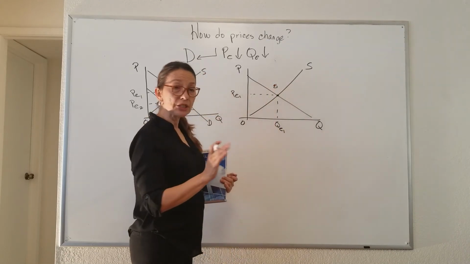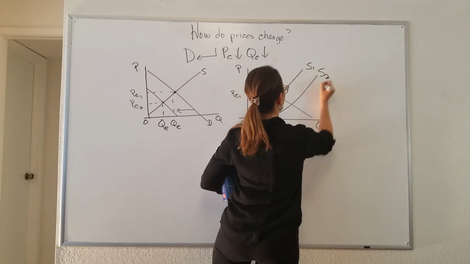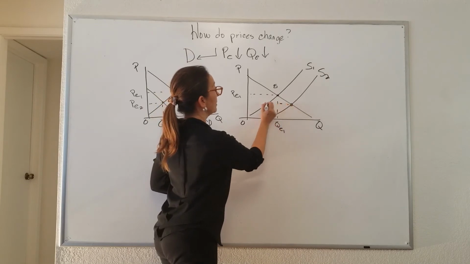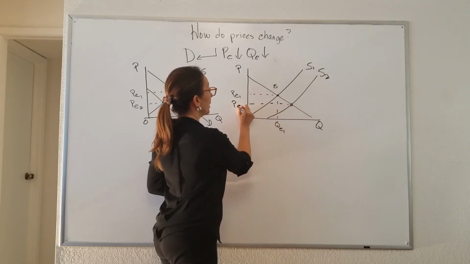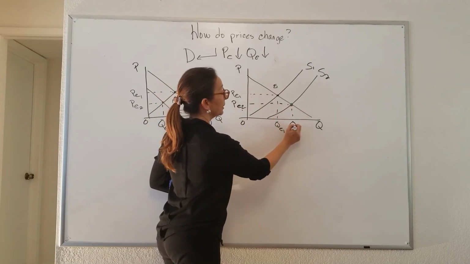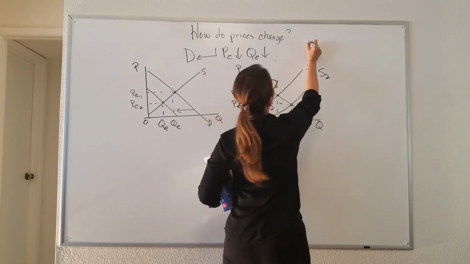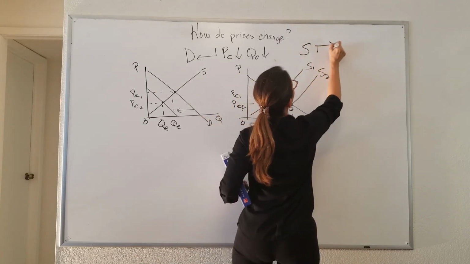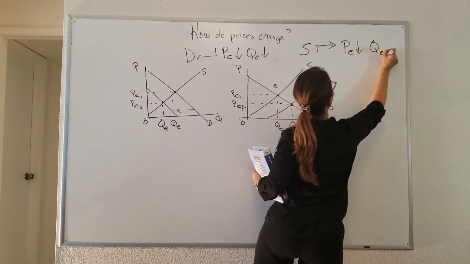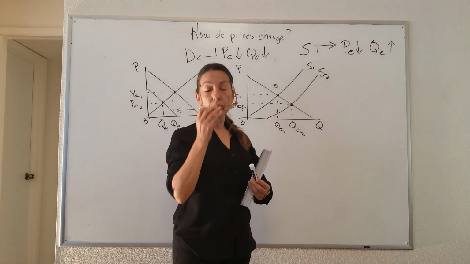Supply shifts to the right. Well, what does this tell us? Our equilibrium price has gone down, and our equilibrium quantity has gone up. So those are the two factors that we know for sure are going to happen.